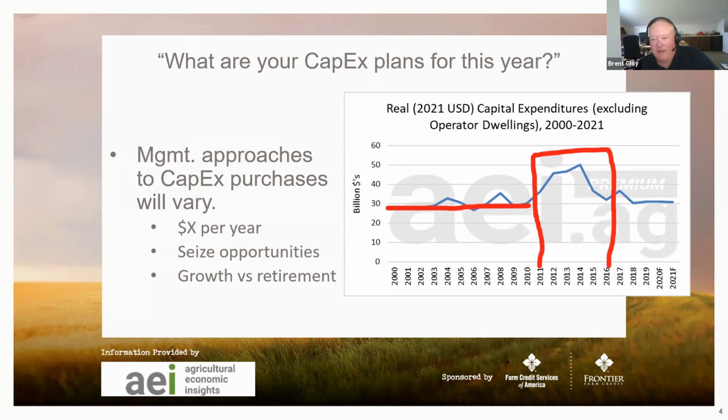Well, it was roughly with the last time in the farm sector that we had really, really high profits. And I think this year, USDA's forecast for capital expenditures looks to be pretty flat. But my bet is that when they reforecast, that number is going to be much, much higher. And there's a reason for it.